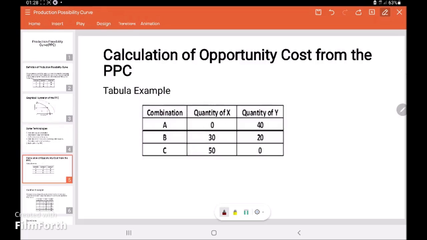In our next slide, we'll use the production possibility curve, making use of our previous table, to do the calculation of the opportunity cost.